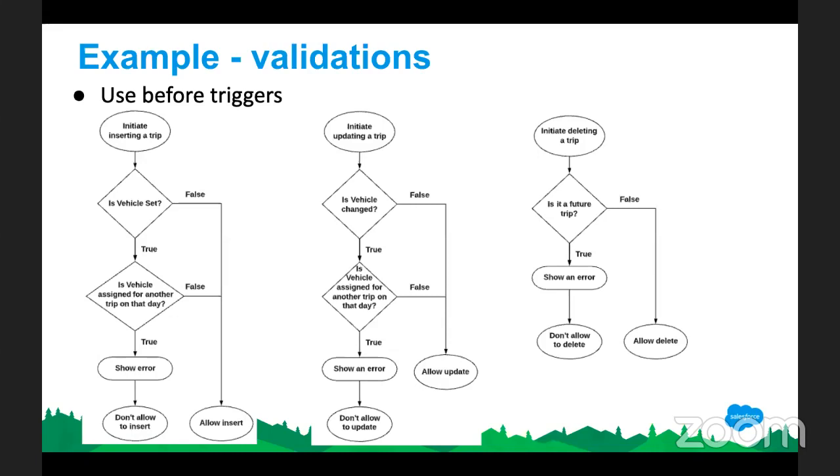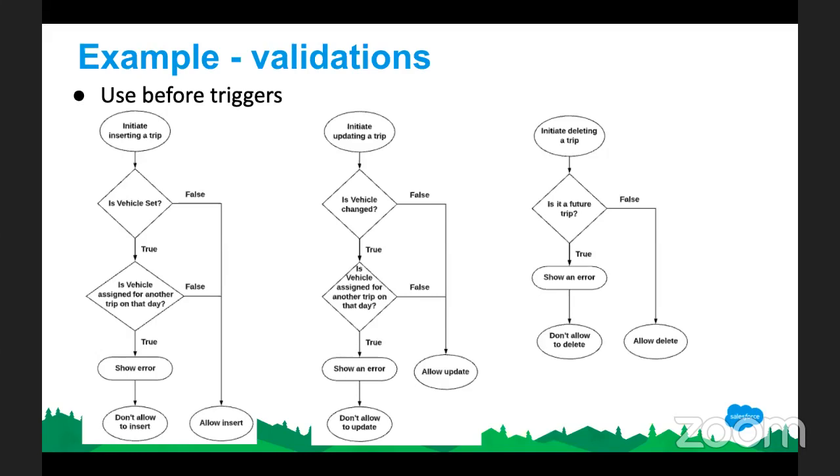Then deleting a trip. I'm trying to delete a trip. Unfortunately, if a future trip is planned, then we should prevent accidental deletion of the trip records. So if it is a future trip, don't allow it to be deleted. So these are some of the basic validations we can use.